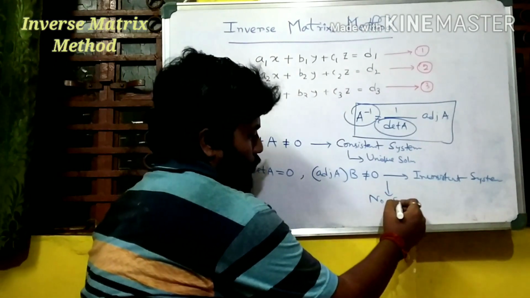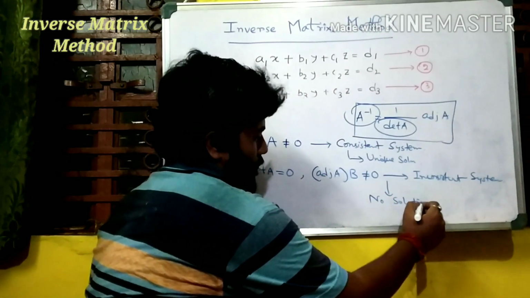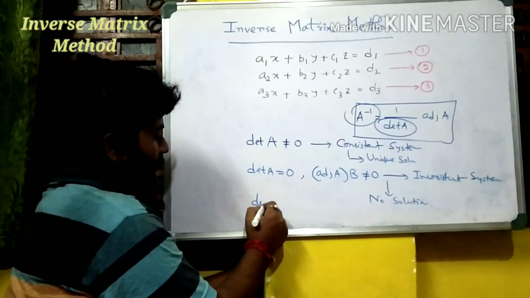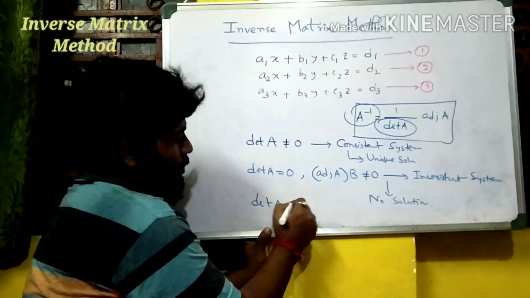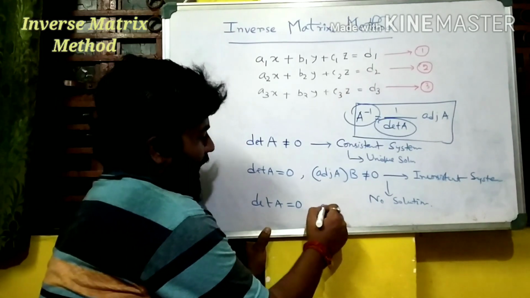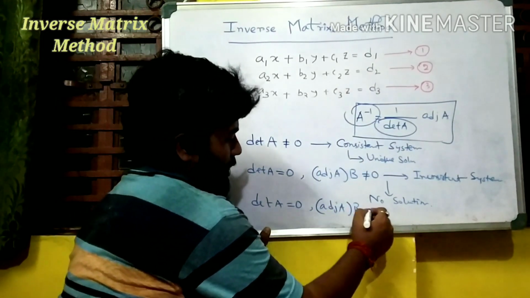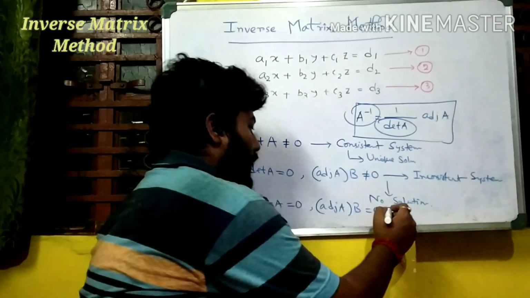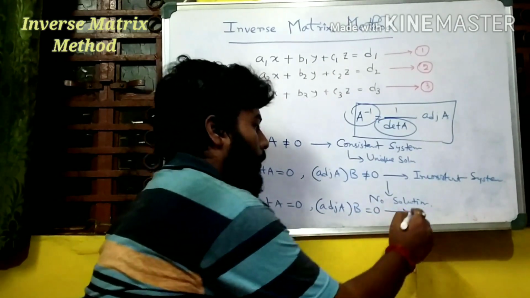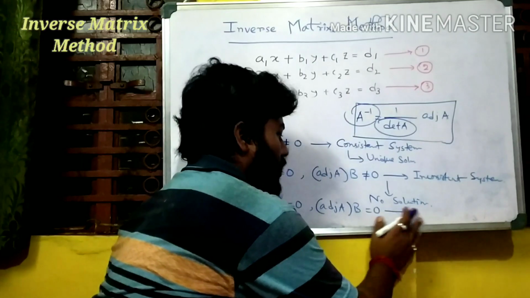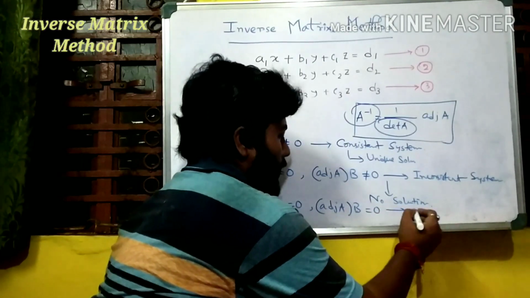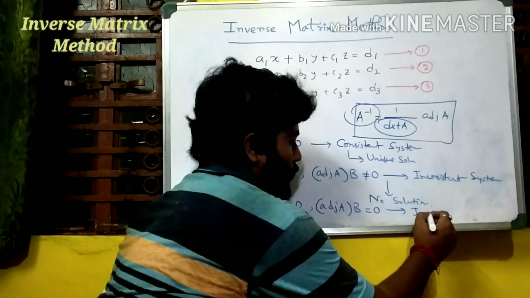If determinant A is equal to 0 and adjoint A into B is also equal to 0, then there will be infinitely many solutions.